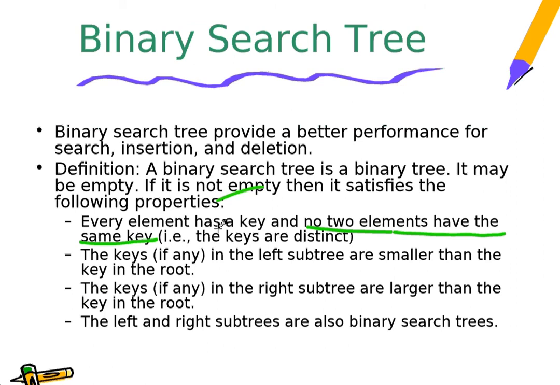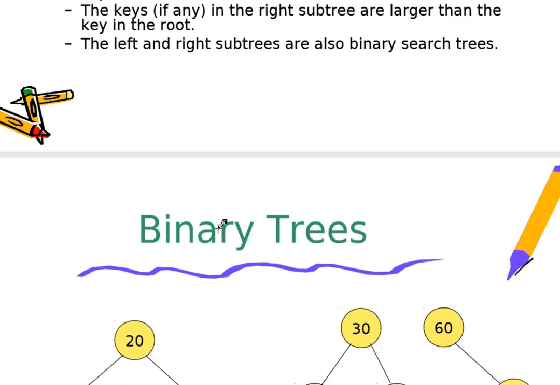The left and right subtrees are also binary search trees, meaning the left subtree will also follow the same property. Similarly, the right subtree should also follow the same property. Now we can check an example.